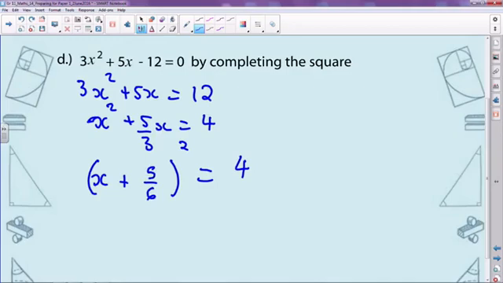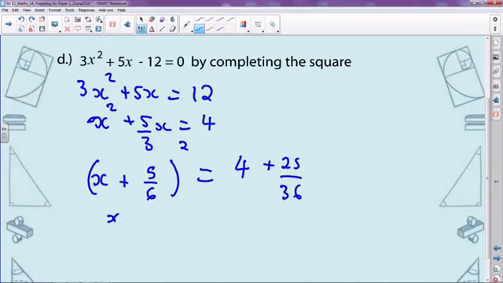There is something that is happening on the left-hand side. You get x squared plus 5 over 3x plus 25 over 36. Whatever you do on the left-hand side, you must also do on the right-hand side. So I've added a 25 over 36, so I have to add 25 over 36.